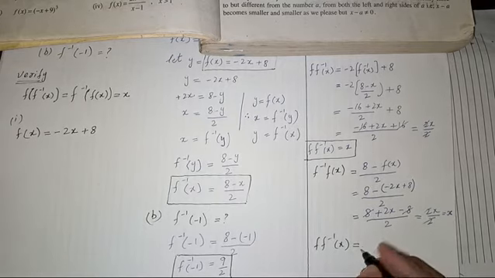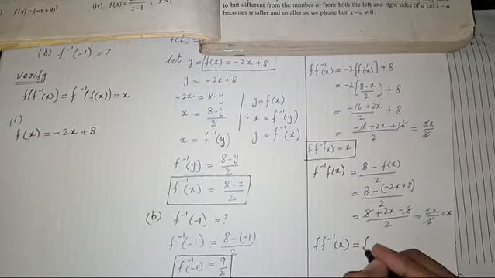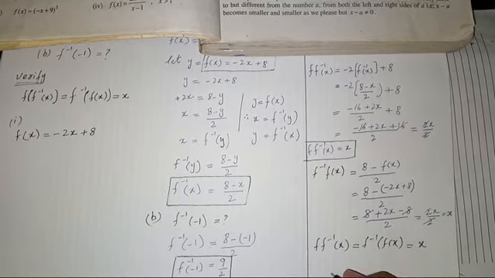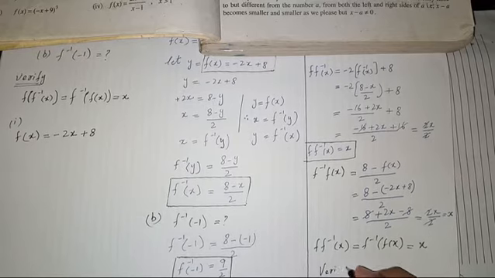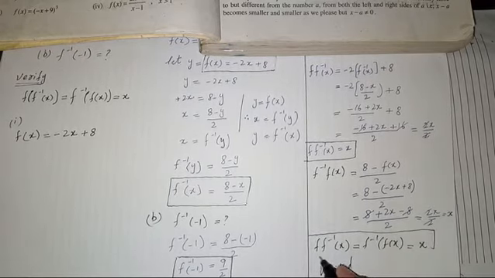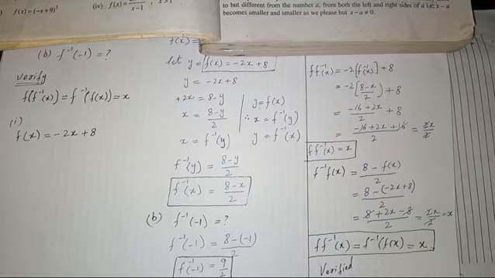So we can write it as f of f inverse x is equal to f inverse f of x is equal to x. We have verified that these two are equal to x.